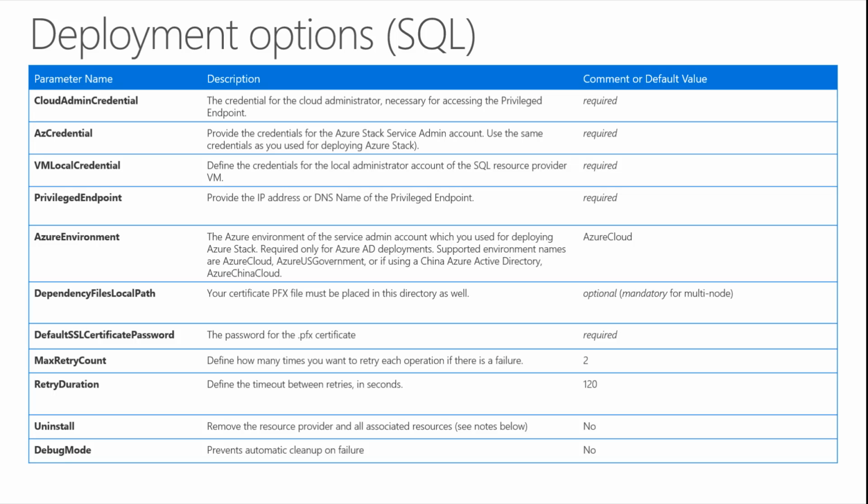I only one time had one issue, and we just weren't sure what was going on, so we did an uninstall, and it's a clean way to get rid of it. It will take away all the stuff that was done. There are some other considerations, though. There are caveats that we'll cover in a few slides coming up. Then debug mode is always good, so it prevents automatic cleanup on failure. You can adjust that as well, or add that switch.